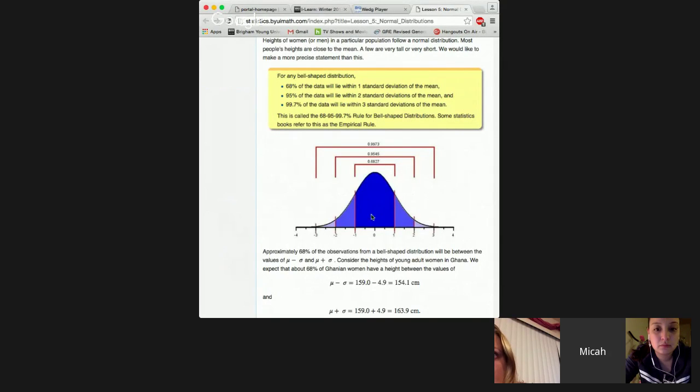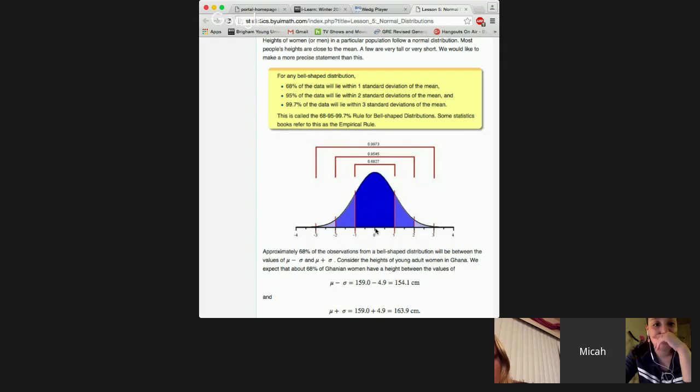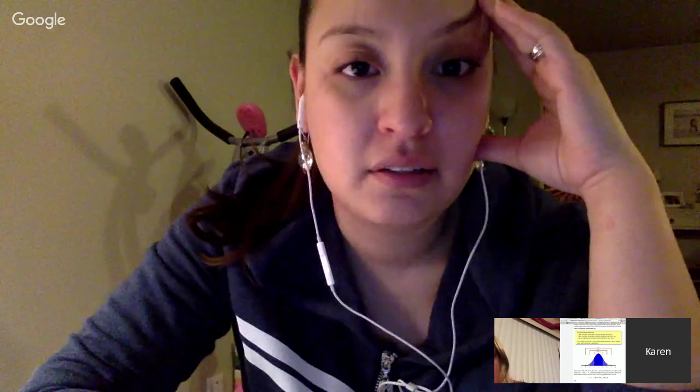And then all of this from here all the way up and over is 95%. And then all of from here all the way over to here is 99% of it. So this is the mean, this is 1 standard deviation, 2 standard deviations, and then 3.